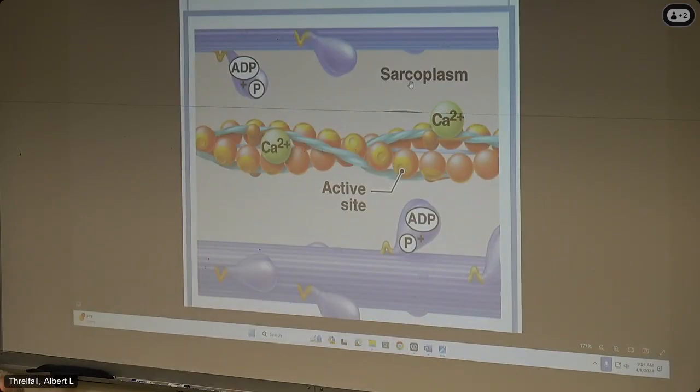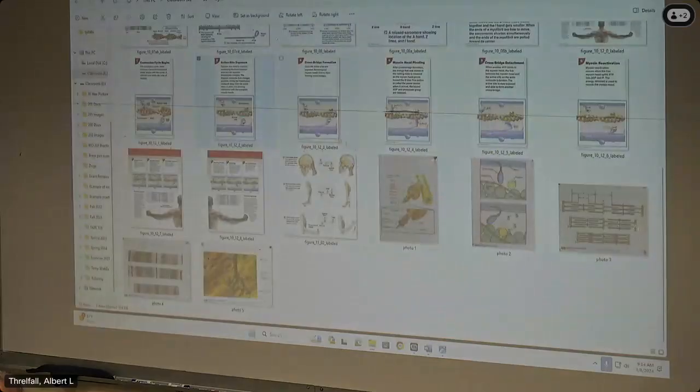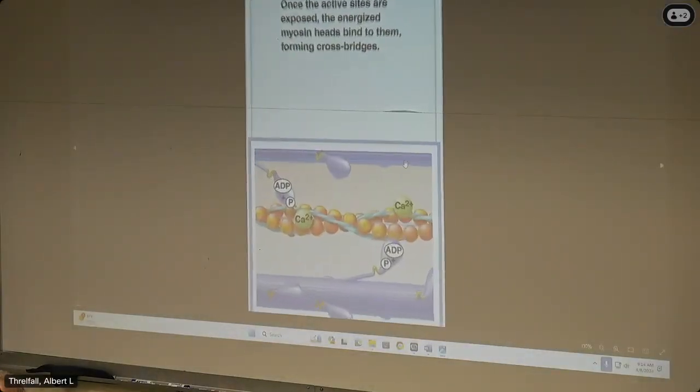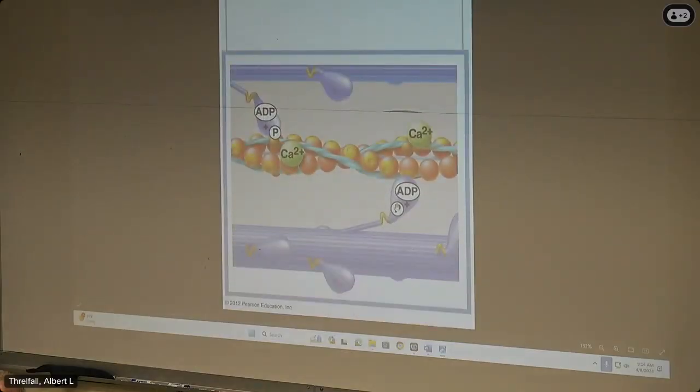Look, the binding sites are all exposed now, the binding sites being the yellow portions. As soon as those binding sites are exposed, look at that. The myosin heads have bound the binding sites on actin.